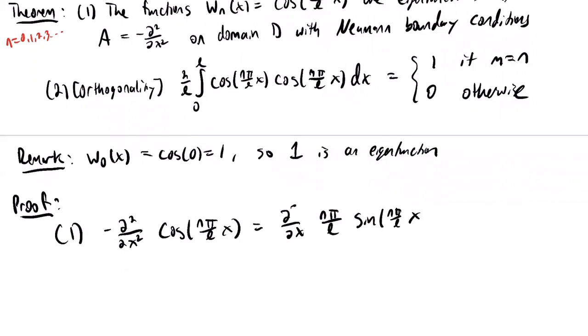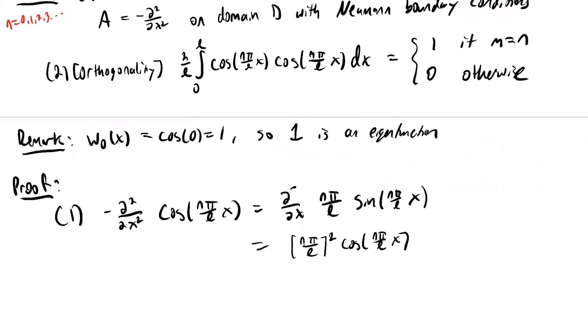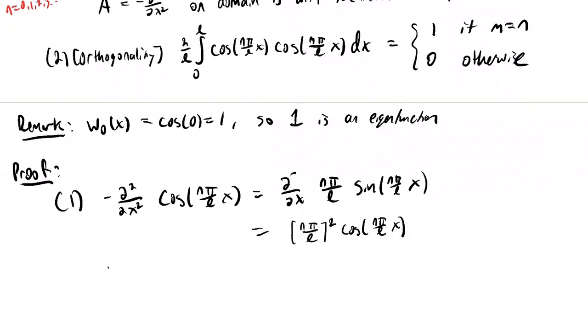Then I take one more derivative, and I end up with (n pi over L) squared cosine of n pi over L x. And so this says that if I apply A to W_n of x, I get (n pi over L) squared W_n of x.